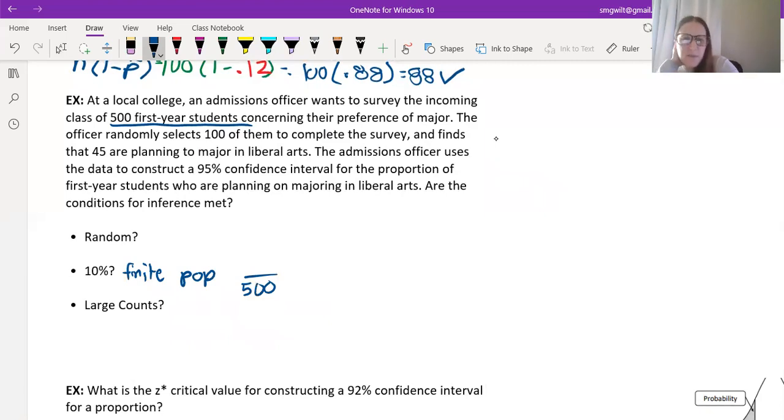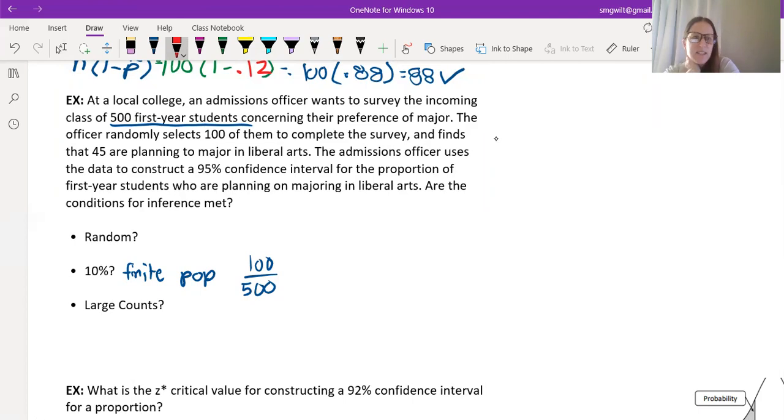The officer randomly selects 100 of them to complete the survey and finds that 45 are planning to major in liberal arts. The admissions officer uses the data to construct a 95% confidence interval of the proportion for first-year students majoring in liberal arts.